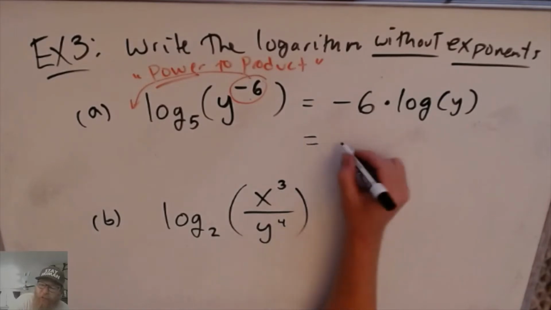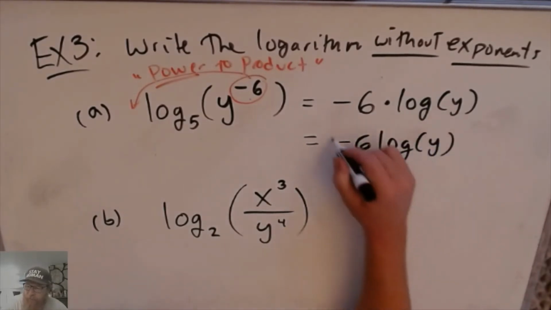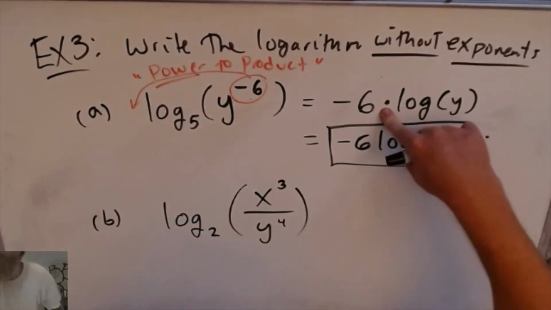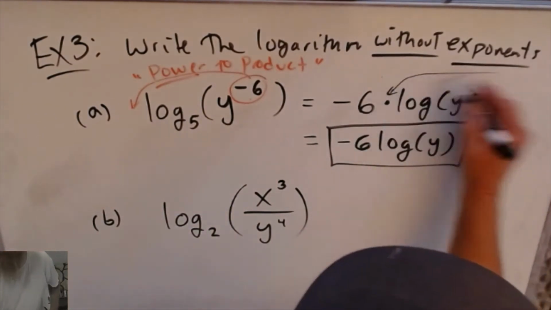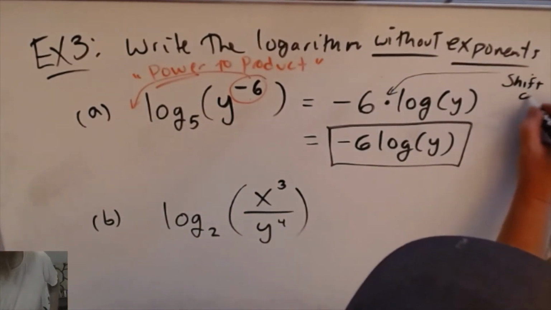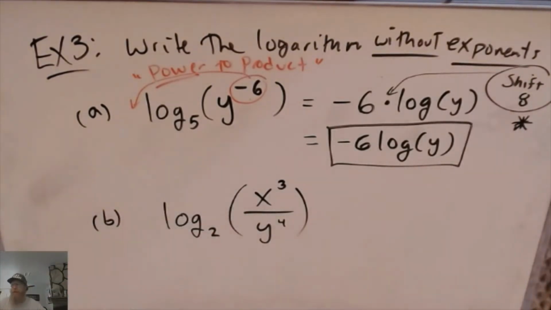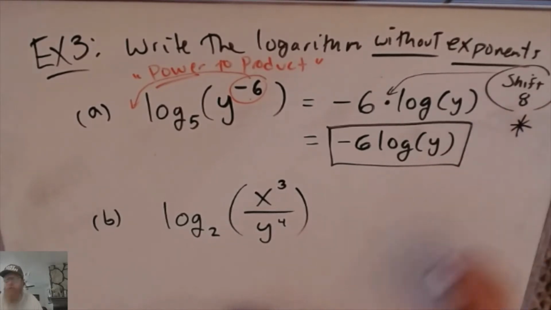We typically omit the multiplication dot just for simplicity, but if you want to type the dot, I think it's shift 8. Yeah, it'd be a star, looks like an asterisk. That would be the symbol for the multiplication if you choose to write it.